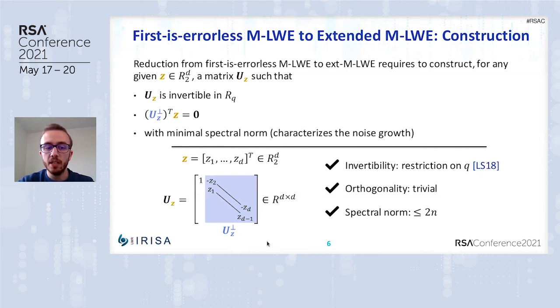Fortunately for us, we were able to use a recent result by Lyubashevsky and Seiler from 2018 that gives explicit conditions on Q to provide us with the invertibility of small norm elements, which we can use for binary elements as well. And this is what completed our construction.